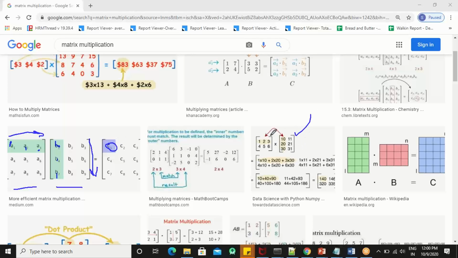Even if you look here, 1 multiplied by this, this is matrix multiplication. Then this with this will be the next one, and this value multiplied by this will give you this. So this is how matrix multiplication works.